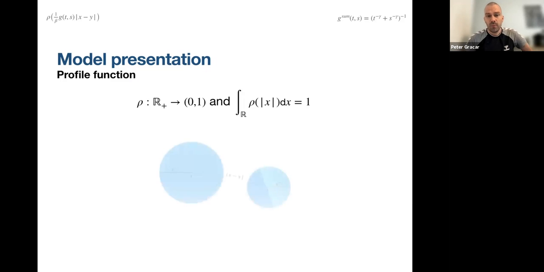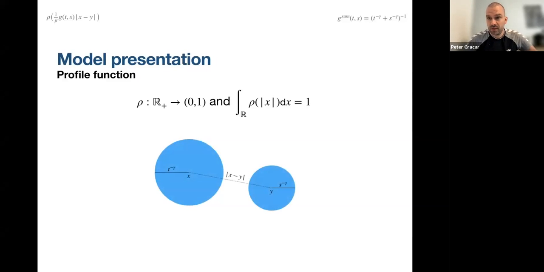Well, then we can interpret the connection probability exactly as one would interpret it in the Boolean model, since we then compare the rescaled mark t to the power of minus gamma that corresponds to the vertex x and the mark s rescaled to the power of minus gamma for y.